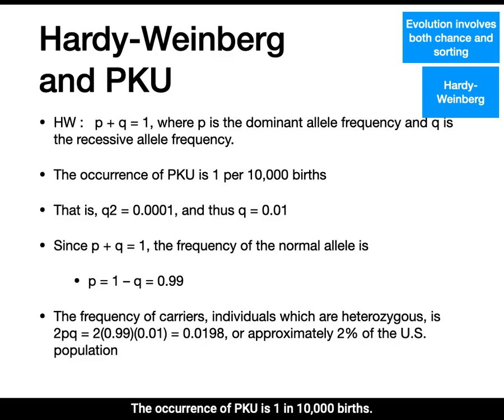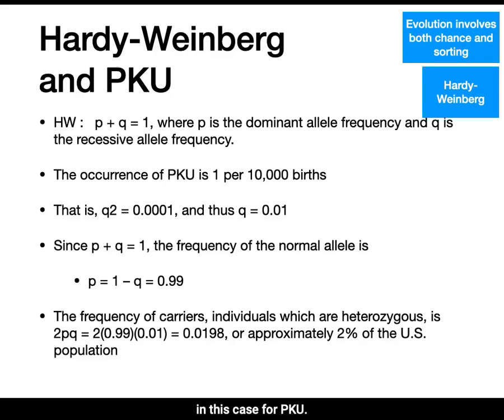The occurrence of PKU is 1 in 10,000 births. That is q² = 0.0001, and thus q = 0.01. Since p + q = 1, the frequency of the normal allele is p = 1 - q.